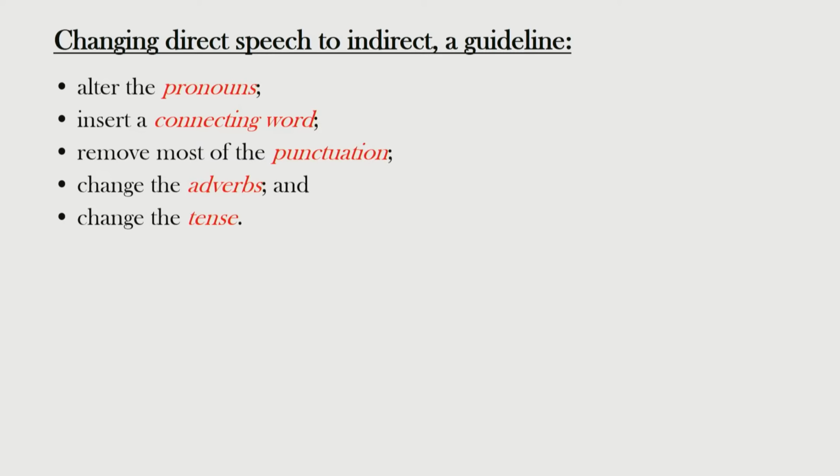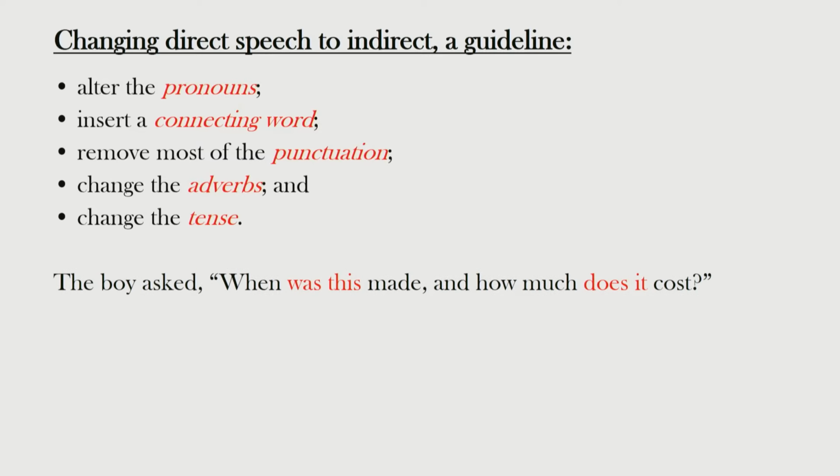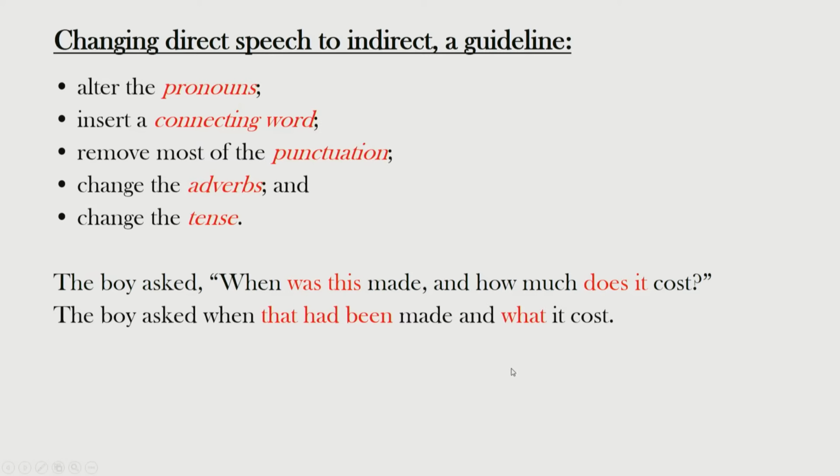I've got two examples here which I like to use. I've been using these examples for as long as I've been doing these presentations. Here we've got, the boy asked, when was this made and how much does it cost? Now, I've highlighted in red the stuff that's got to be changed. And here we've got, the boy asked when.